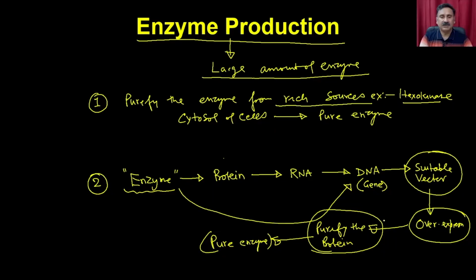So this is what we are going to discuss in this module and in the subsequent module as well: how you can use this kind of approach to produce a large quantity of enzyme, because this enzyme can be used for many applications, such as structure elucidation, catalyzing reactions, and industrial applications.